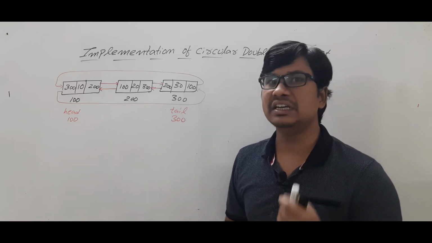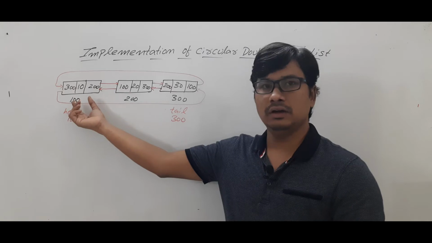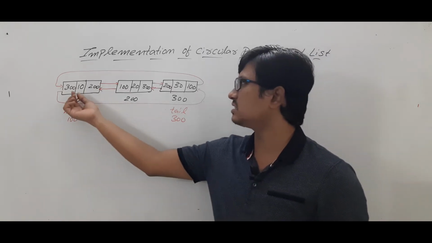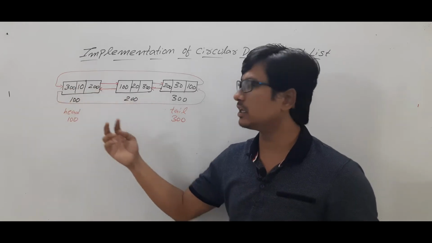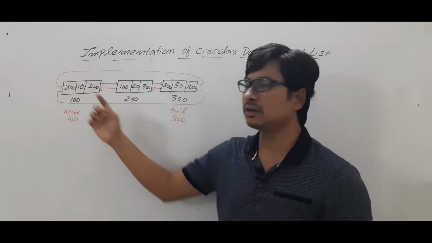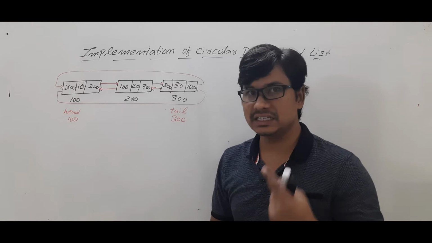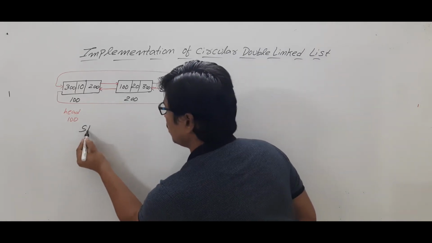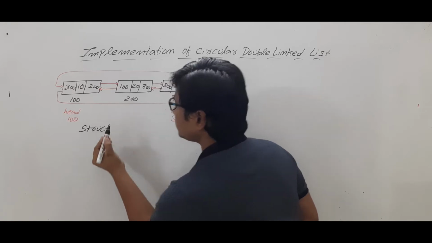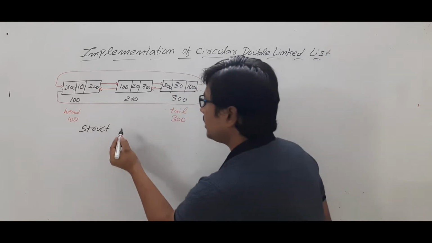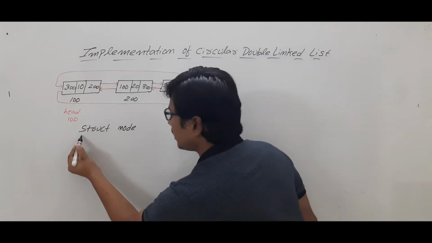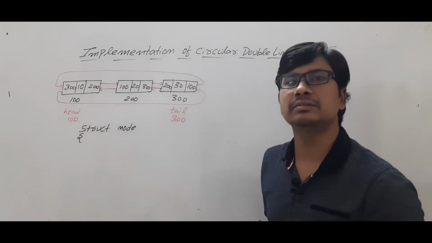Now let me define a node of a circular double linked list. If you want to define a node, as it has 2 different data types, one is a pointer and another is data, so we need a structure. How will we define a structure? We write the struct keyword and the name of the structure. Here I am writing it as node, and then I have to write the structure members.